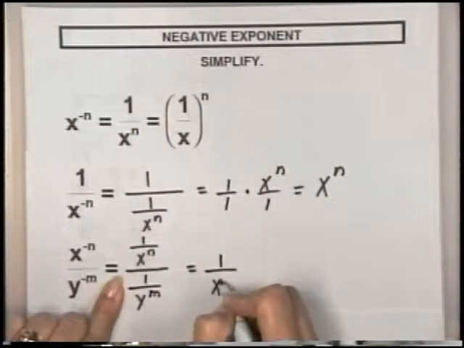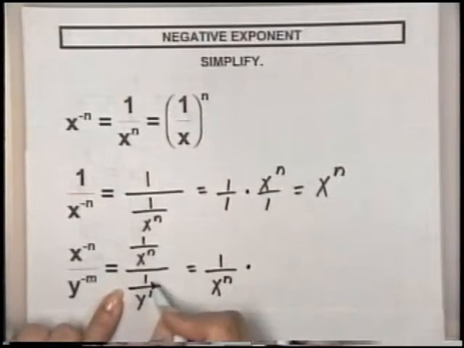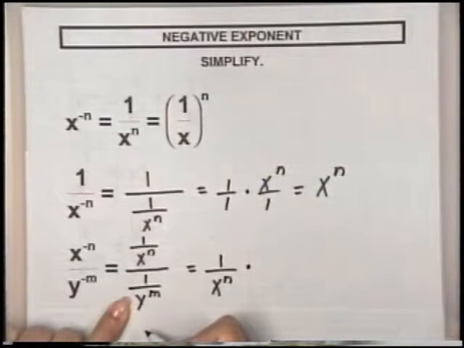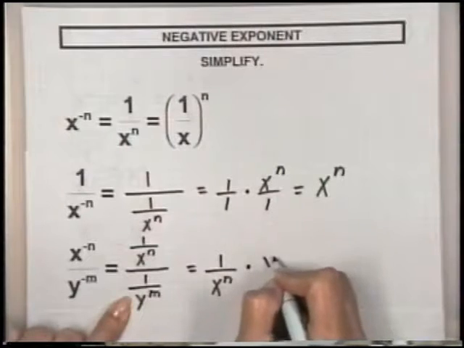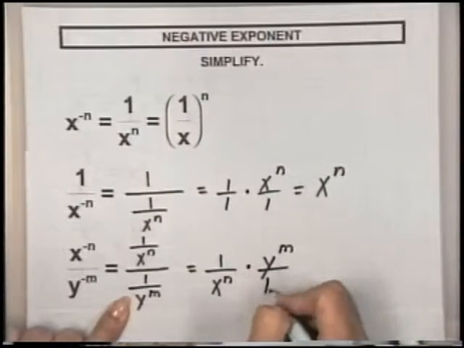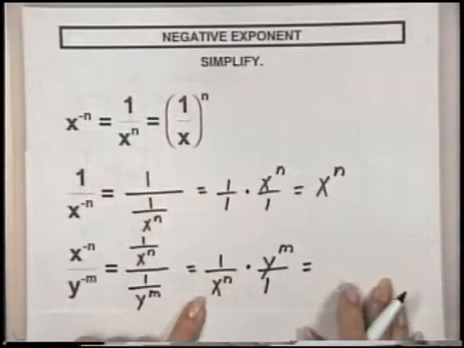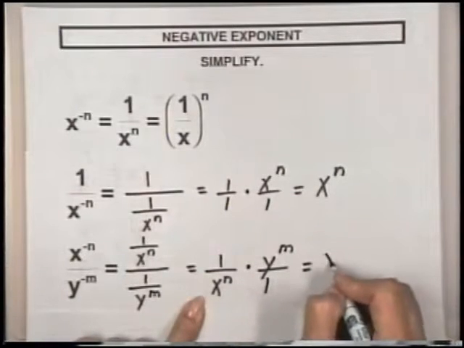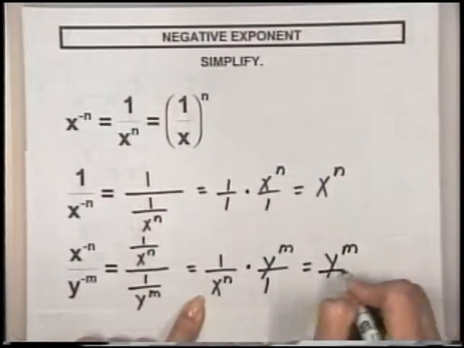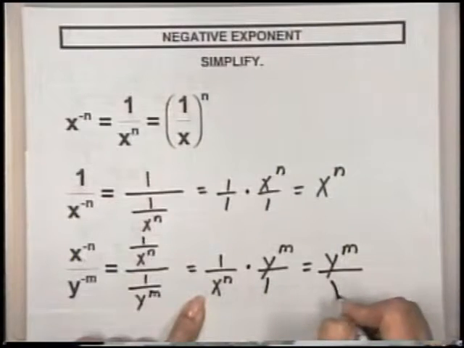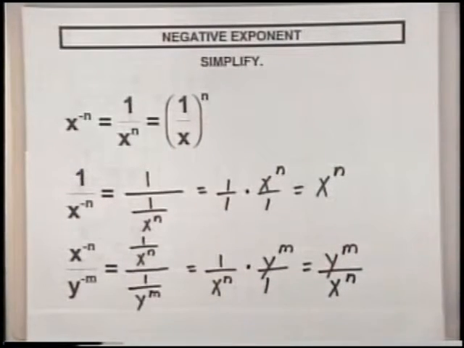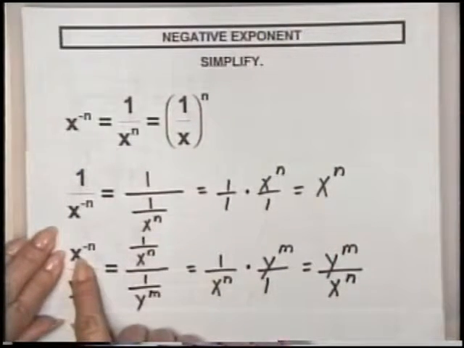Now, this is a division problem. 1 over x to the n times the reciprocal of 1 over y to the m. The reciprocal of 1 over y to the m is y to the m over 1. When I multiply this out, 1 times y to the m is y to the m. x to the n times 1 is x to the n.